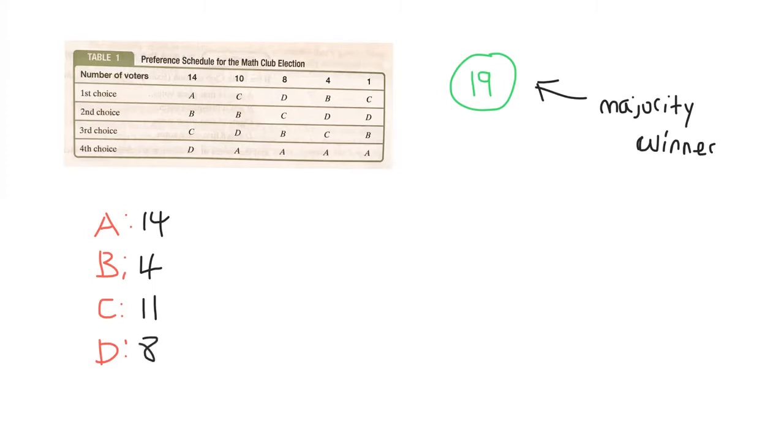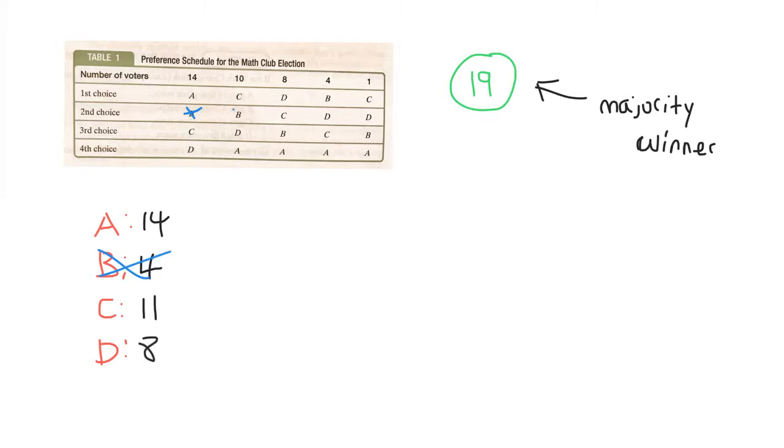Okay, so what you do now is you analyze that, and then you ask yourself, who is the candidate that got the least first place votes? And that, of course, would be B in this case. So you eliminate B, and in fact, you eliminate B everywhere.